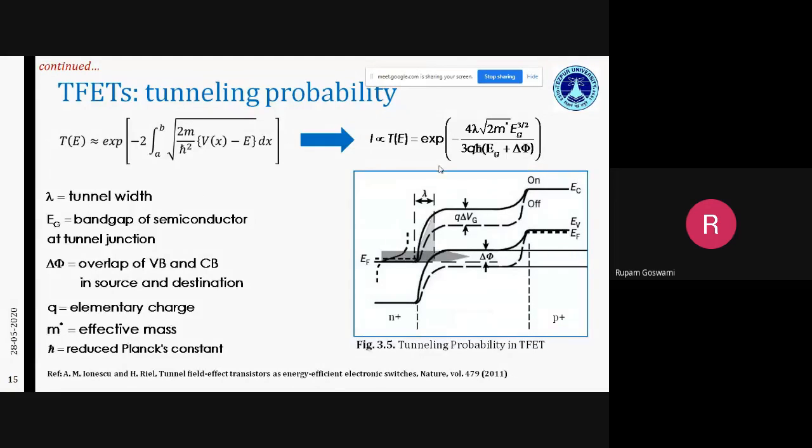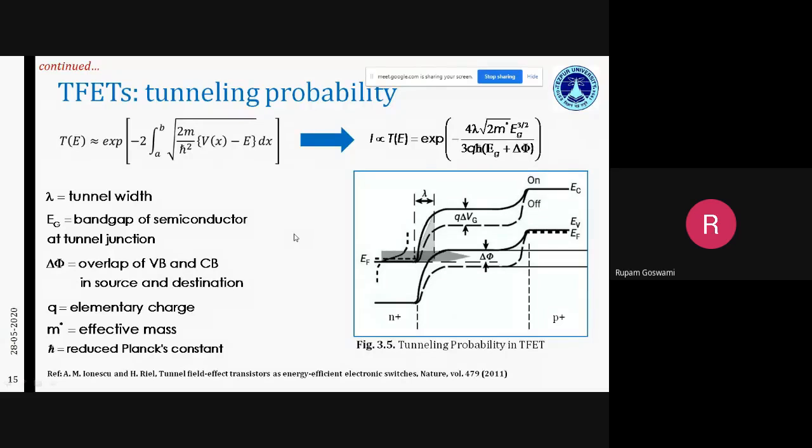Okay, so you can see that lambda is the tunnel width, and Eg is the band gap of the semiconductor at the tunnel junction. So you must be very specific about this, because you can have a different material at the tunnel junction in order to modulate the bands in and around the junction.